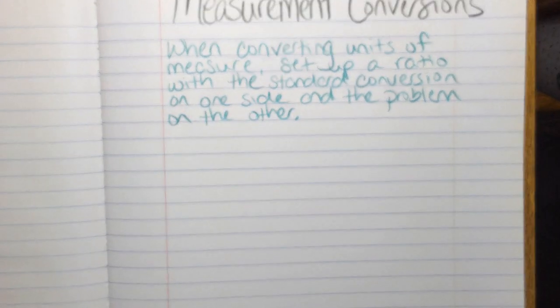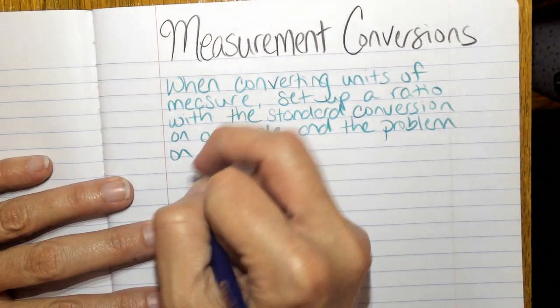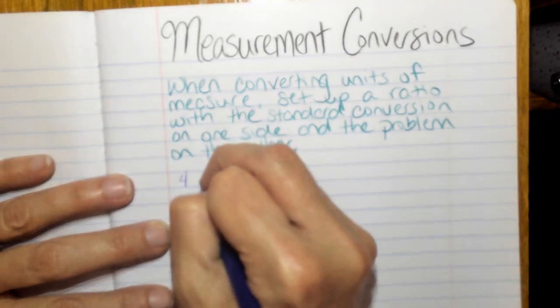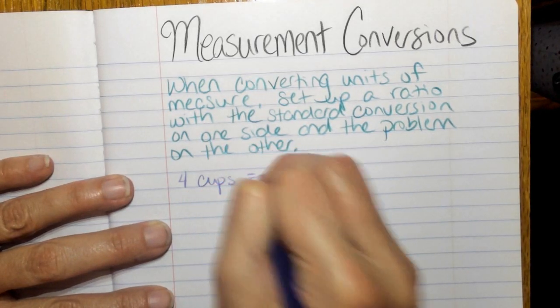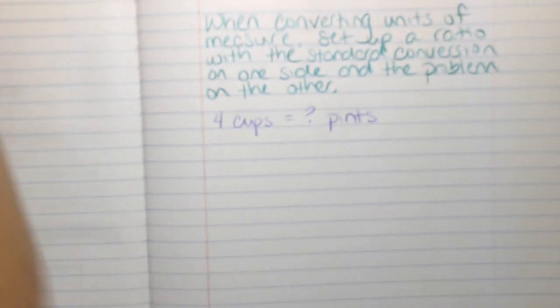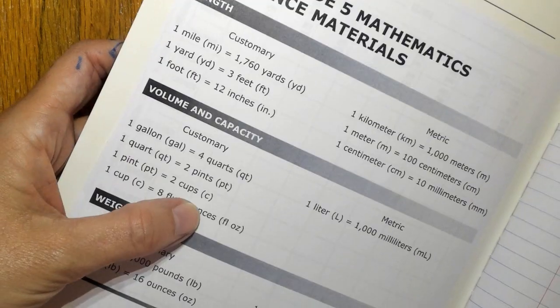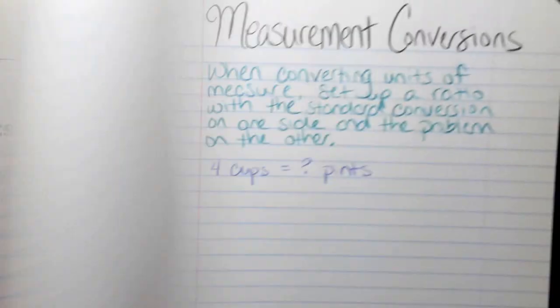Let's say my problem is 4 cups equals question mark pints. That's my problem. So I turn to my handy dandy chart, and I see that 1 pint equals 2 cups.